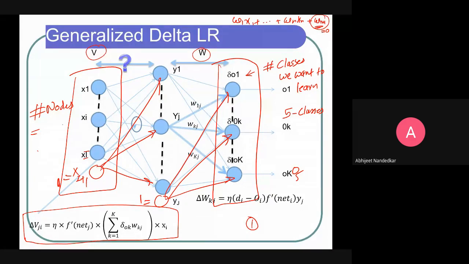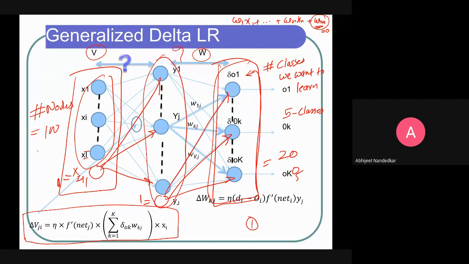So if there are 100 features, then there are 100 input nodes. If there are, say, 20 classes, then the output side will have 20 output nodes. Now the question remains, how many hidden units?